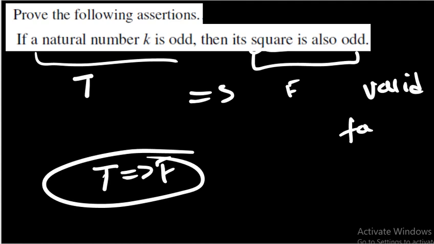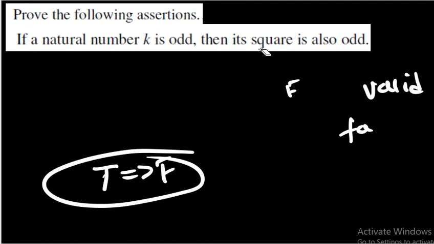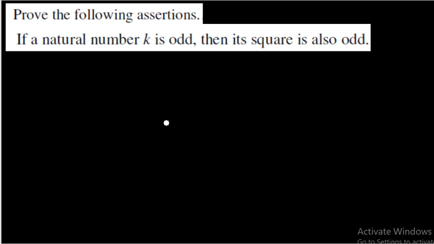Therefore, under this statement, if the natural number k is odd, then the square of it is odd. First of all, we need to assume the premise is true. So our assumption: take as true, k is odd.